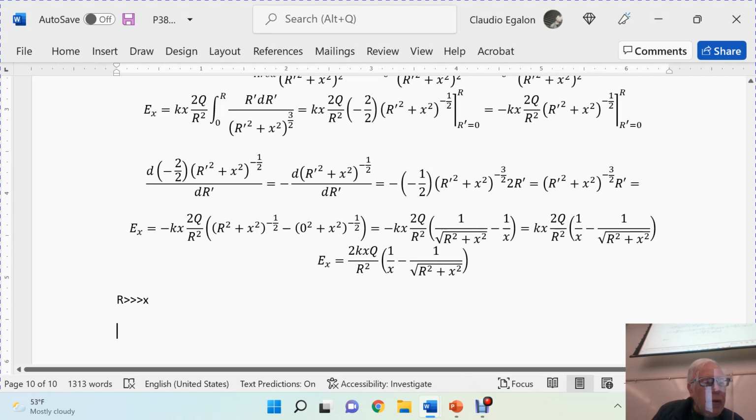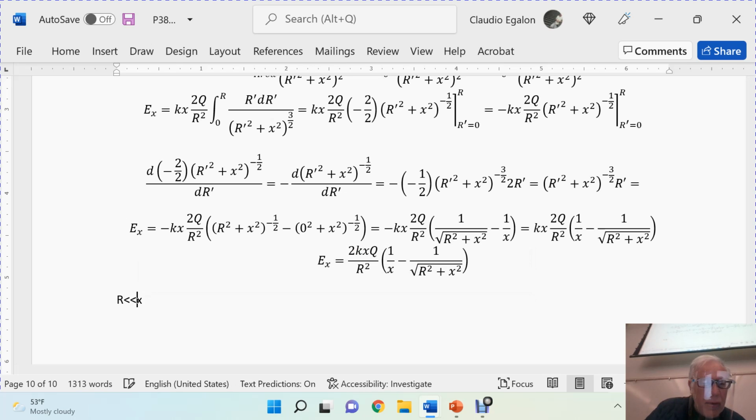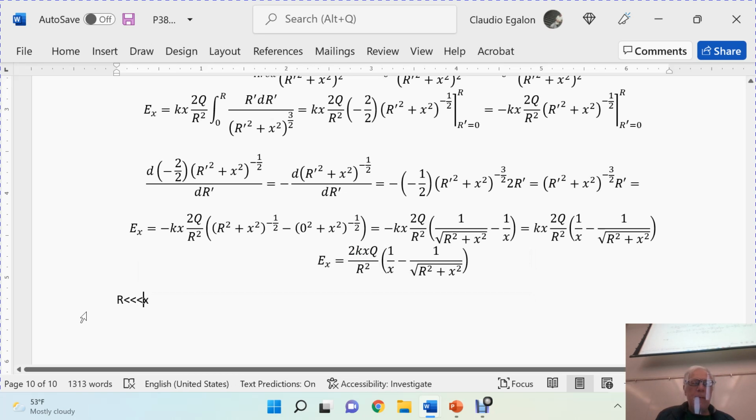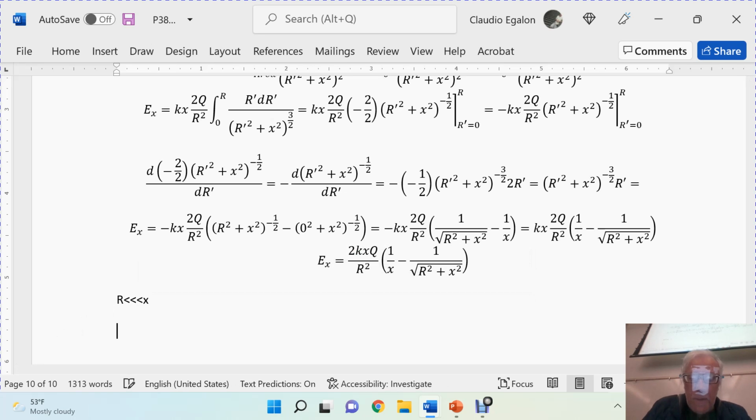Now let's do the r much greater than... No, it's not r much greater. It's the other way around. R much less than x. Okay, so here you go. If we do the lazy way, we get the trivial solution. What's the lazy way?